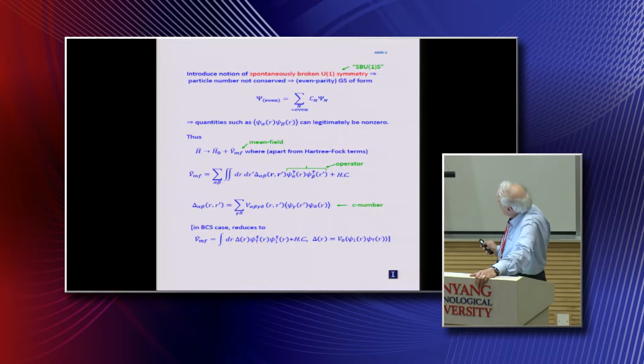And in our context, the important consequence of that is that quantities such as this so-called off-diagonal expectation value, that is the expectation value of two creation or annihilation operators, can legitimately be non-zero.